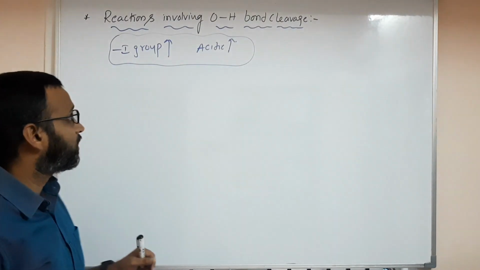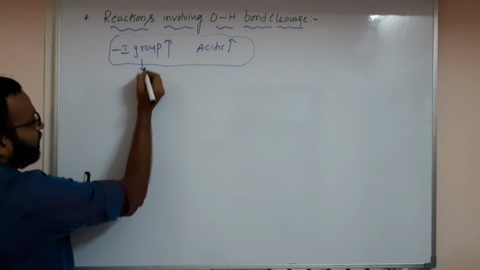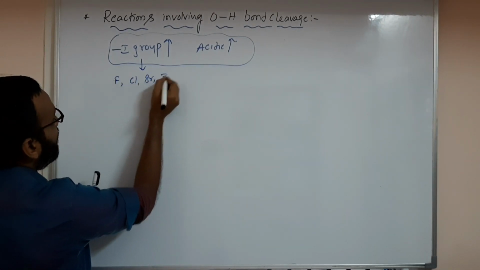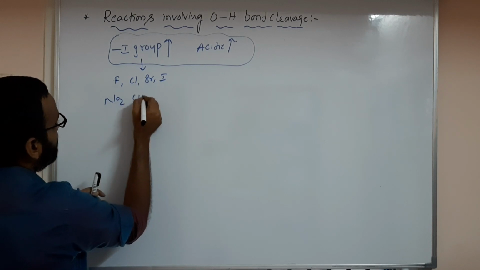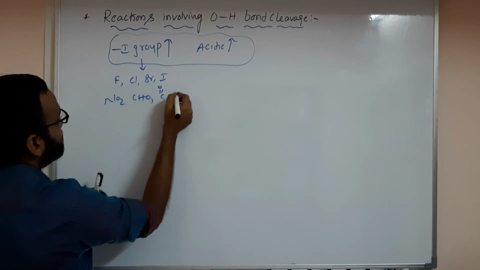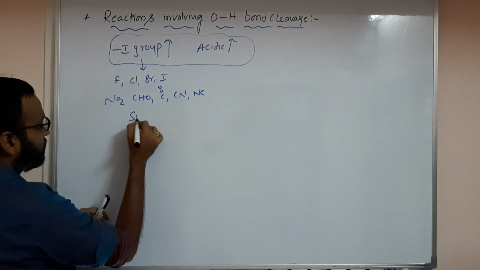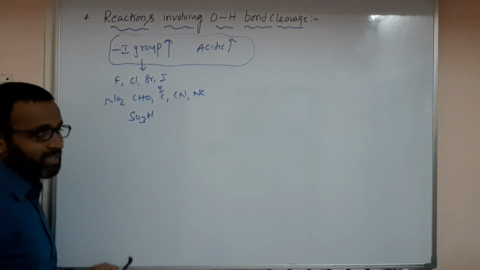They are also useful. So minus I groups, as you all know, are fluorine, chlorine, bromine, iodine, NO2, CHO, CO, cyanide, isocyanide, and SO3H. These all are minus I groups.